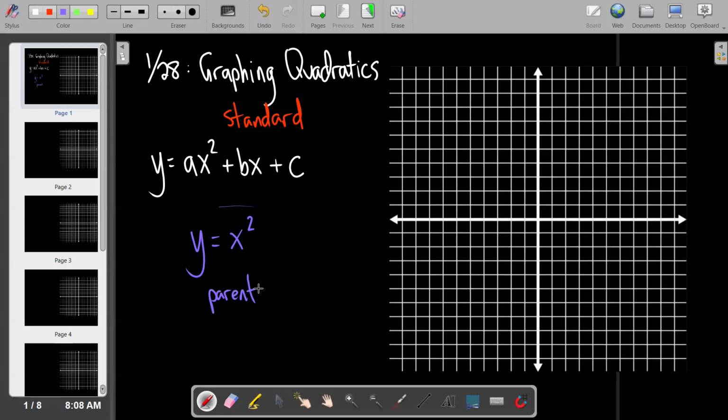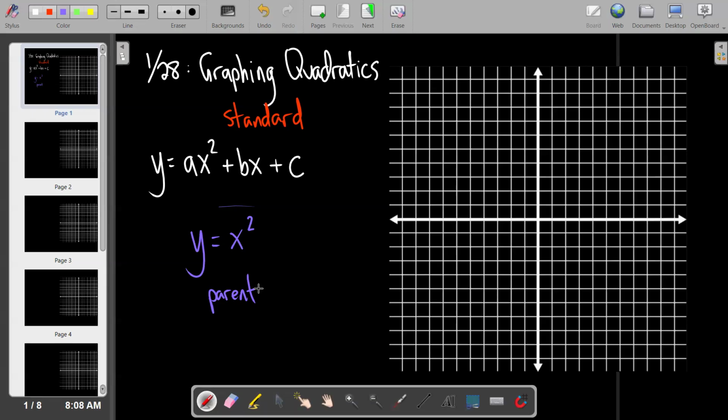You can call it the parent graph, the parent function, whatever, but every family, like if we have time to get to cubics, quartics, square roots, exponentials, absolute value, there's tons of different types of graphs. They're called families of functions, and every family has a parent. And all the other graphs in the family are spawns, like offspring modifications of the parent.